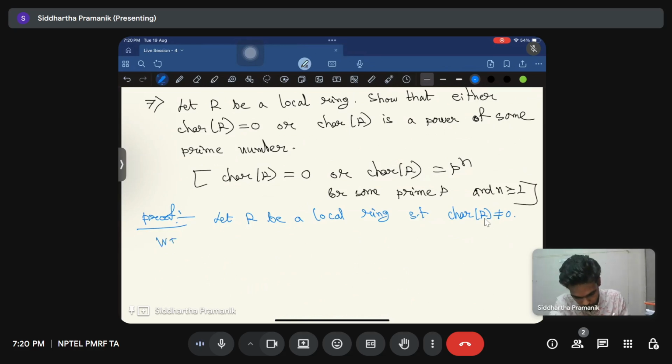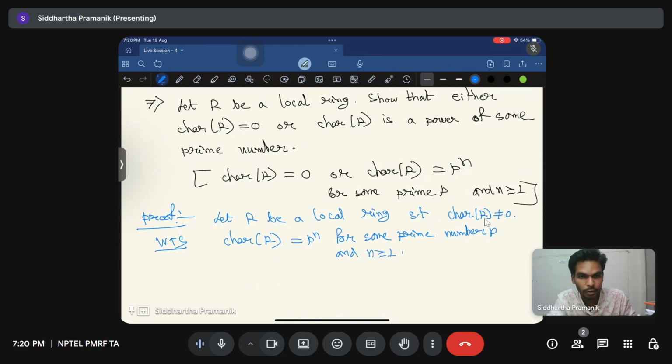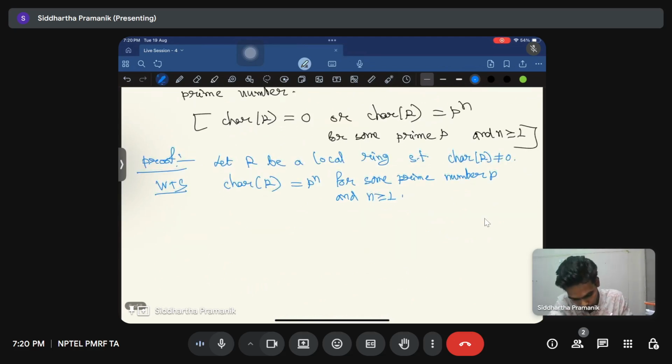So we want to show characteristic of R equals p^n for some prime number p and a natural number n greater than or equal to 1. So we will prove it by contradiction.